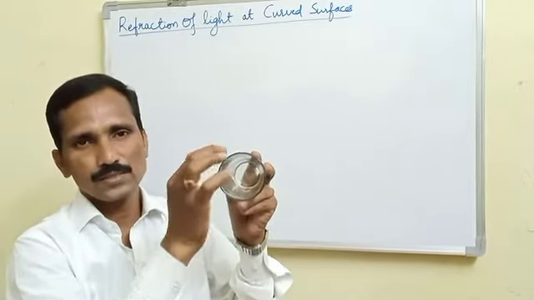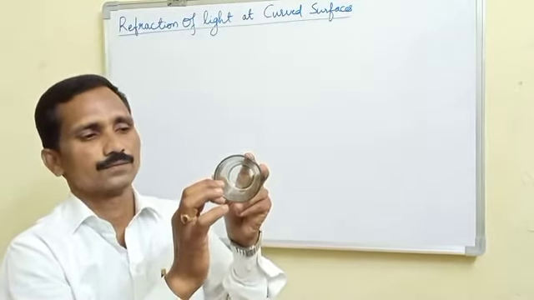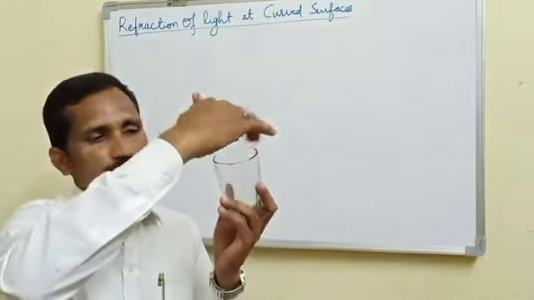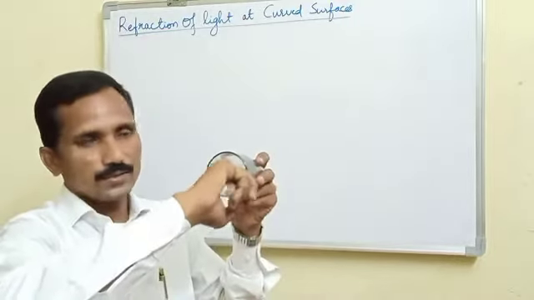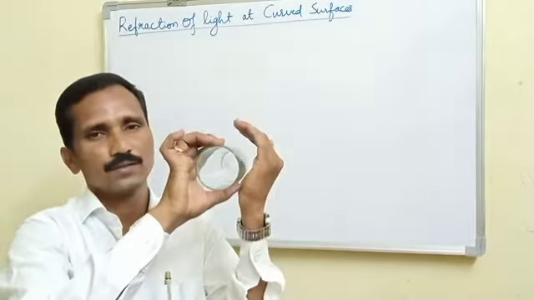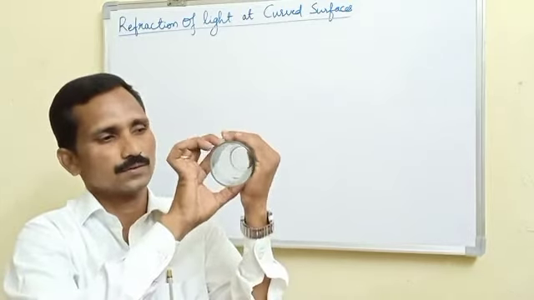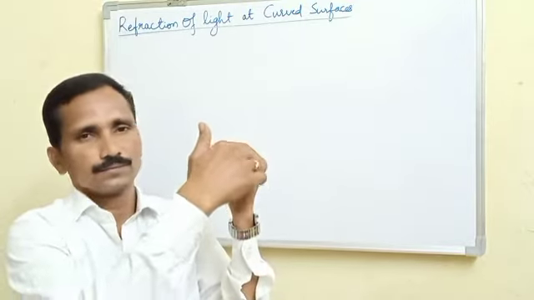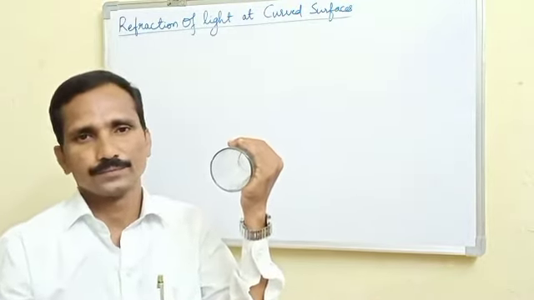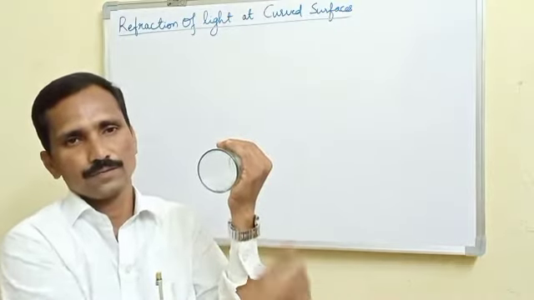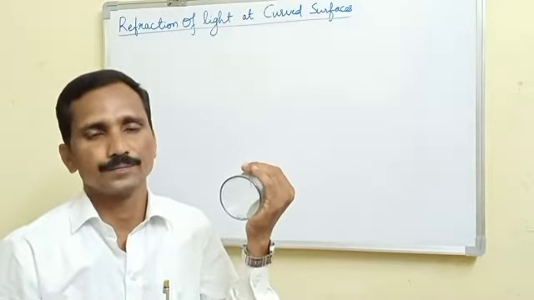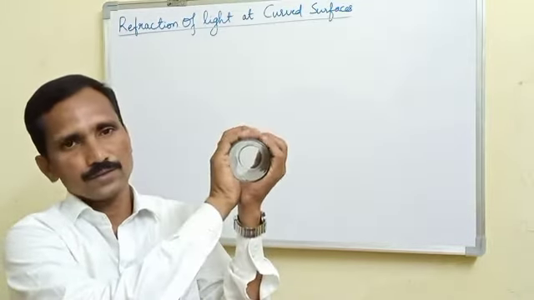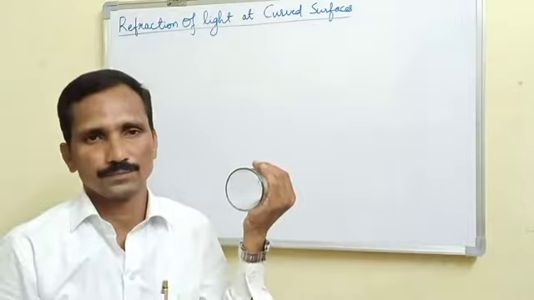The light strikes the convex surface and enters the glass, then travels in the air inside and strikes the inner surface. This is a concave surface, and it exits from the outer convex surface, again entering the air. The refraction takes place two times here: at the convex surface and at the concave surface.